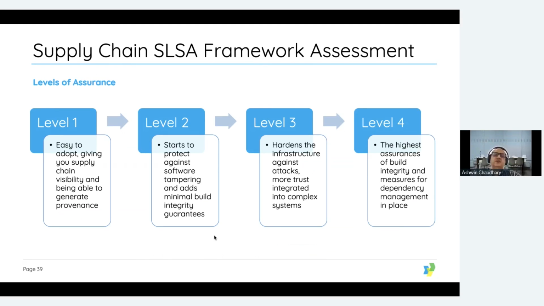Starting from the easiest level 1 to the difficult one, level 4. You could choose the SLSA framework and adopt these best practices of the framework to enhance your cloud supply chain assessment and processes in your environment.